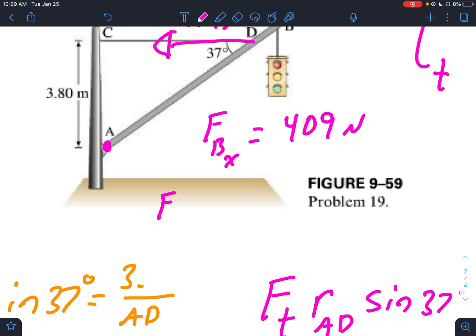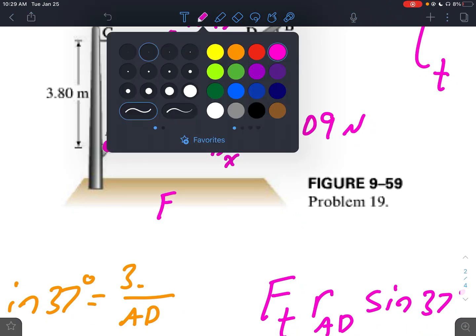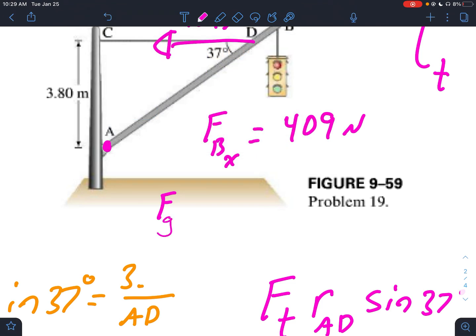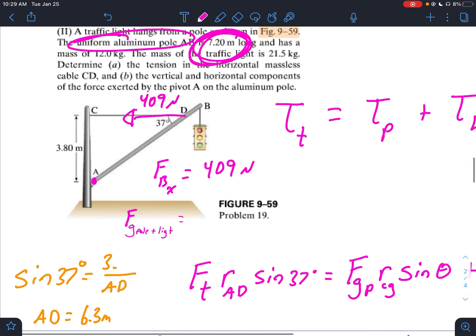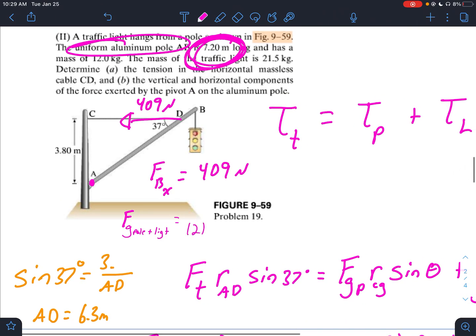So the vertical component would be the sum of those two masses. So we have 12 kilograms plus the 21.5 kilograms times 9.8.